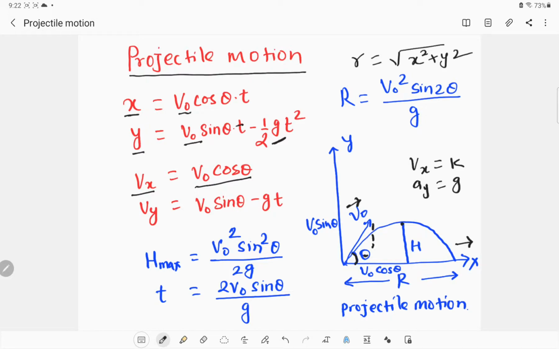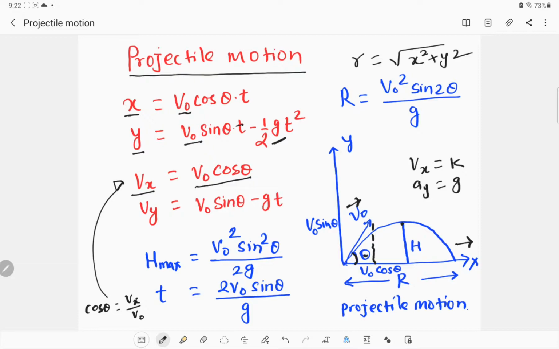If you complete the triangle right here, what is cos theta? Cos theta is simply the base, vx, divided by the longest side, which is v naught, right? From here, vx is equal to v naught cos theta, right? That's how we get it.